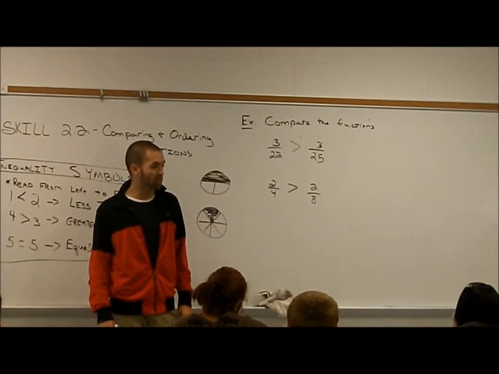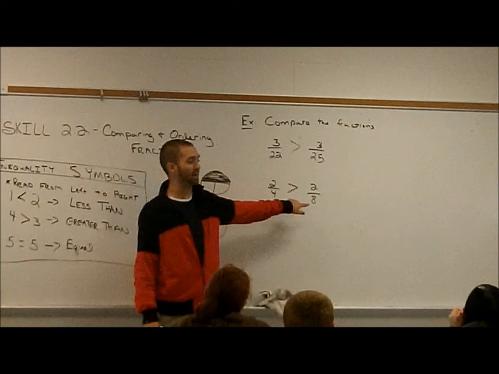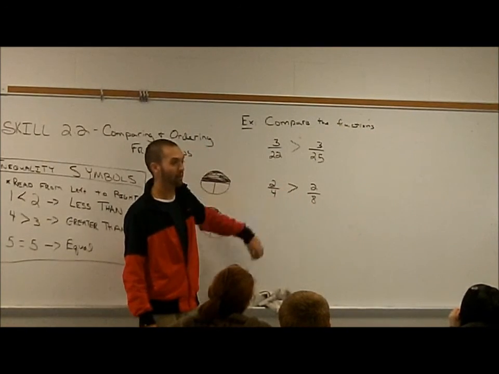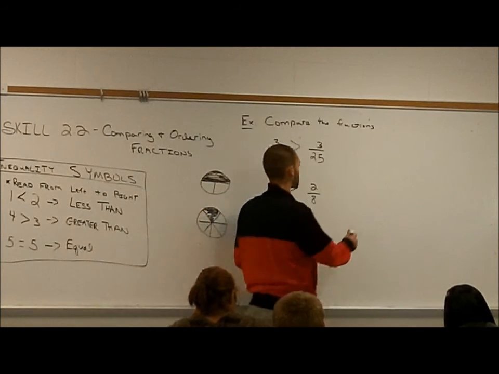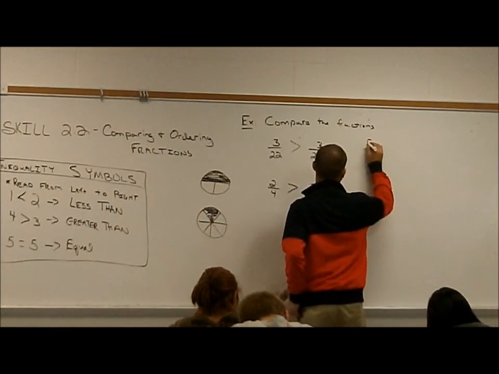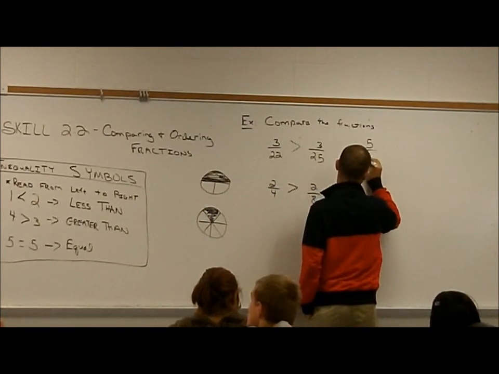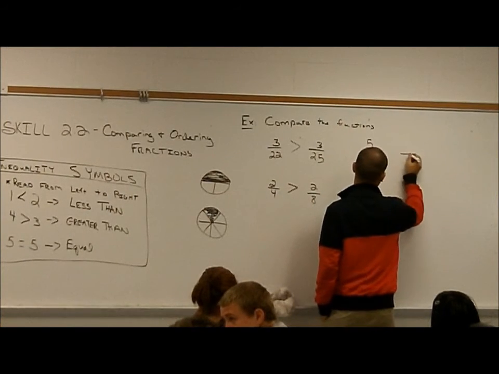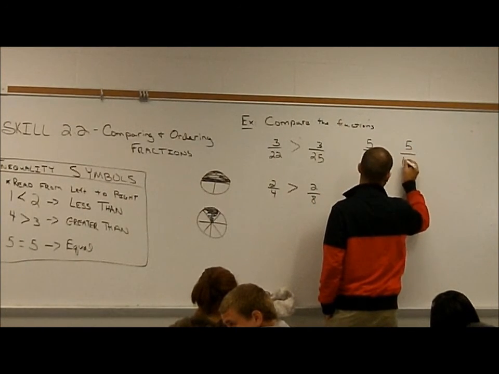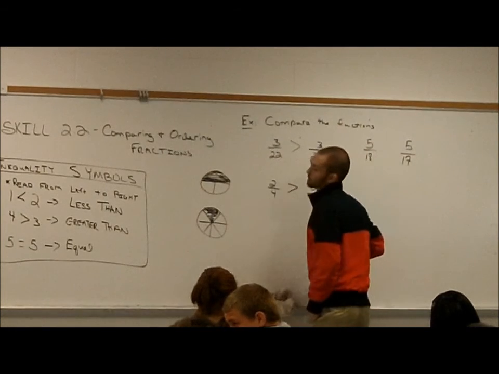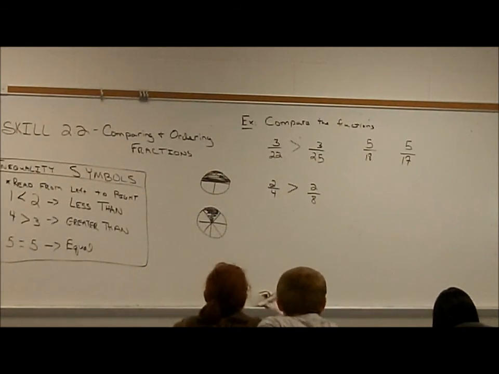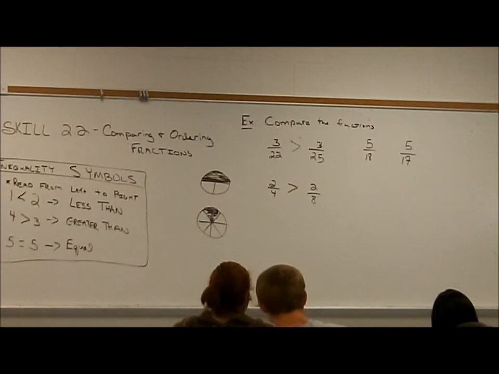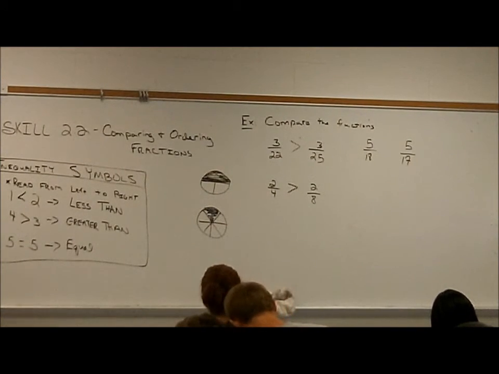When the numerators are the same, you look at the denominators, whoever's smaller, that's the larger value. We get it. Okay? So try it with this one, see if you get it. Compare those two fractions with the inequality. Go. I want to see what you get on your own.